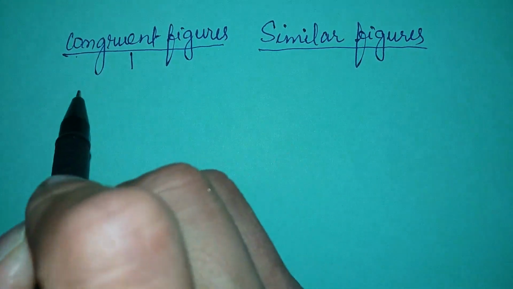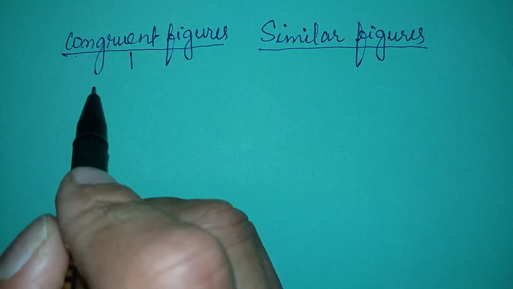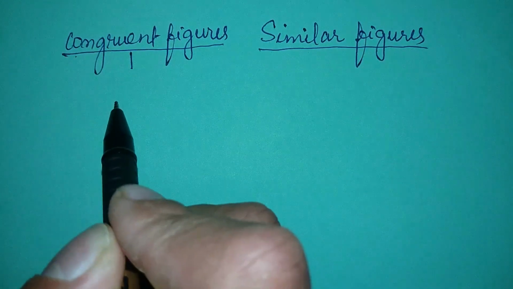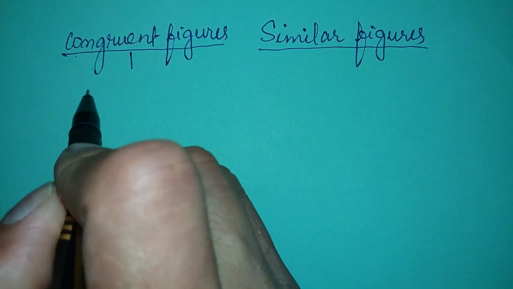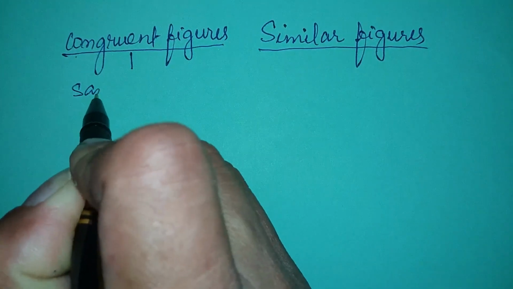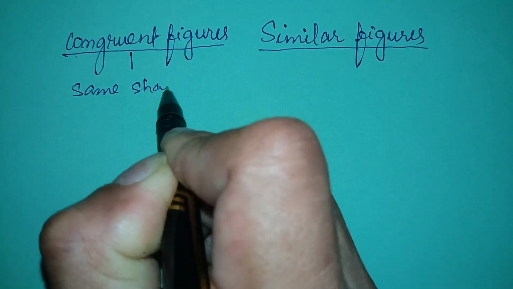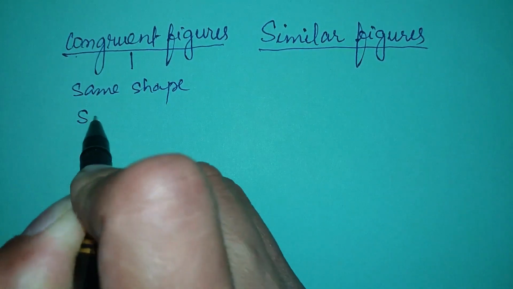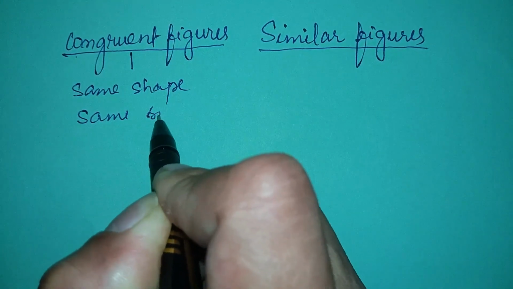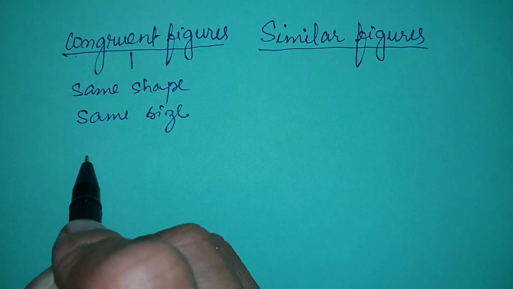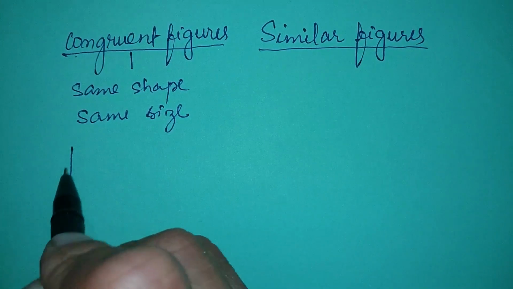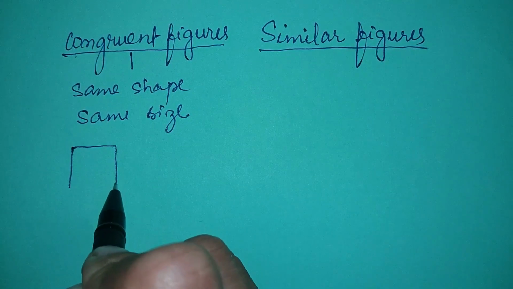Now two figures are said to be congruent when they have the same shape and same size. Example, let's take a photograph of a person.